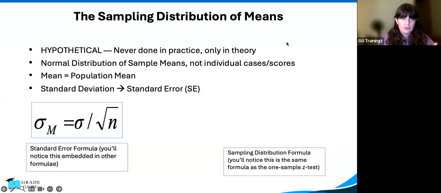With the sampling distribution, basically, it's a theoretical or hypothetical situation where, let's say you have a population of 10,000 people.